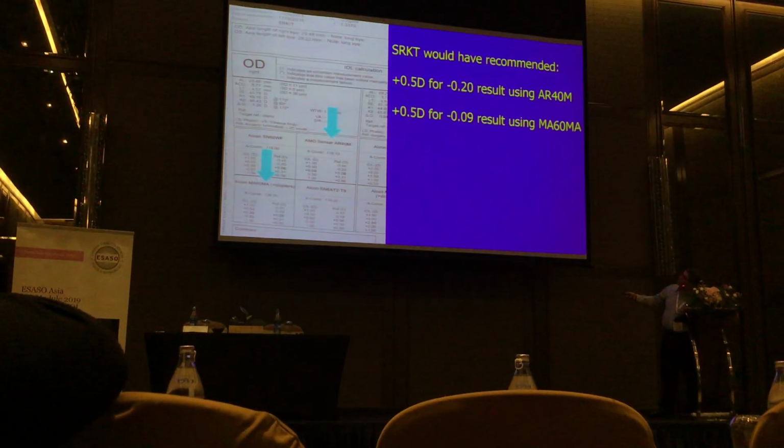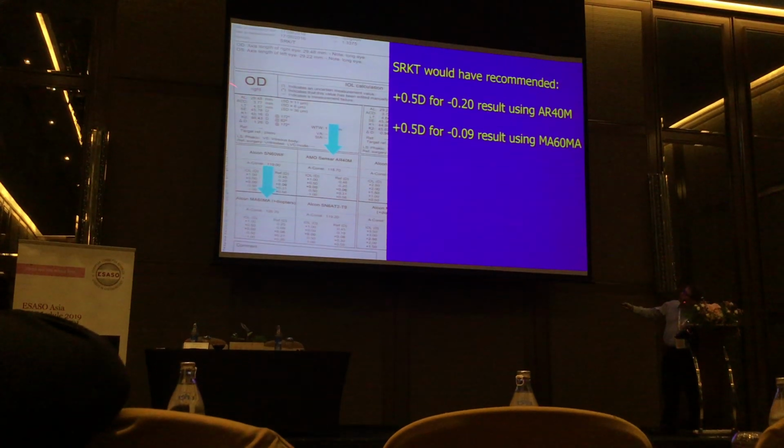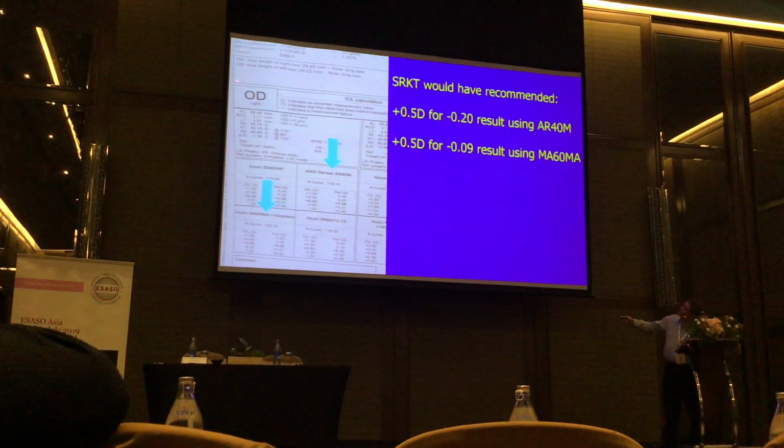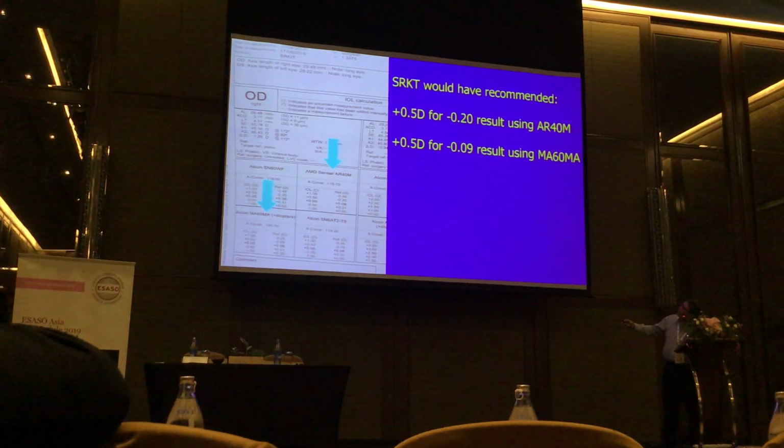Let's look at this example. This is a patient who's very myopic, with a 29 millimeter long eye, and if you use the SRKT, as was done in this particular case, it would recommend an Alcon lens plus 0.5 for a -2 outcome, and for an AR40 the same.